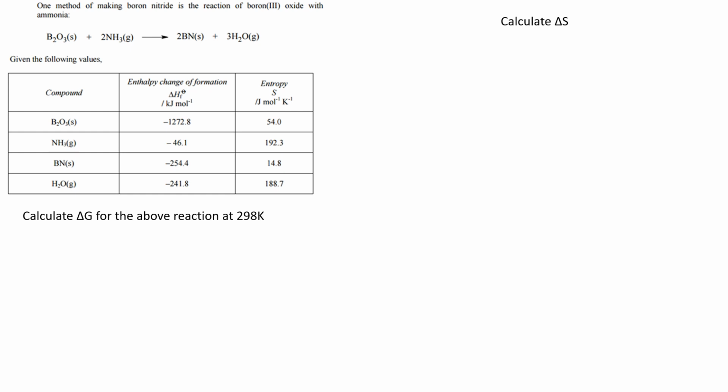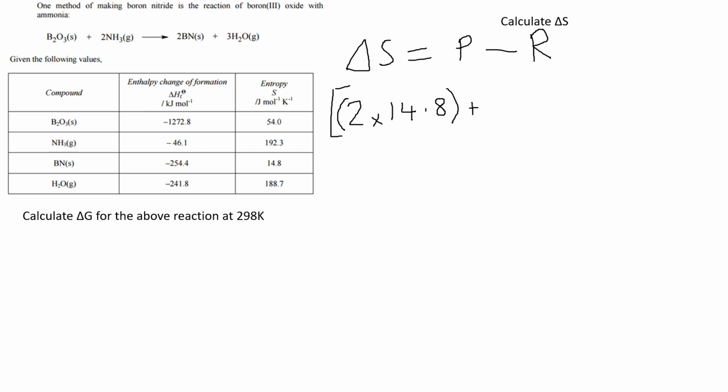In terms of calculating the entropy, delta S, the change in entropy is basically products minus reactants. So for the products, you've got 2 lots of the boron nitride, so that's 2 times 14.8. And you've got 3 lots of water, so that's 3 times 188.7.